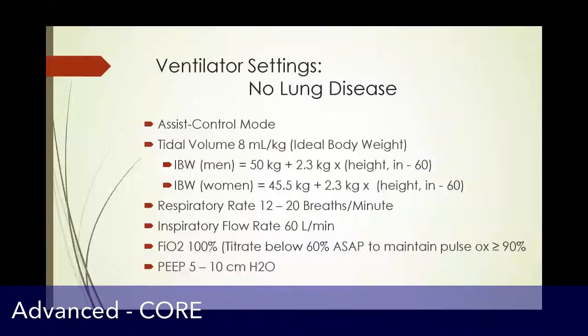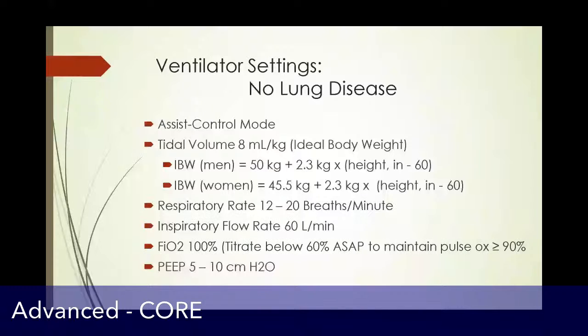Generally, a tidal volume of 8 milliliters per kilogram of ideal body weight is going to be a good starting place for dialing in tidal volume. The respiratory rate is going to be pretty much like a physiologic respiratory rate, so something like 12 to 20 breaths a minute.